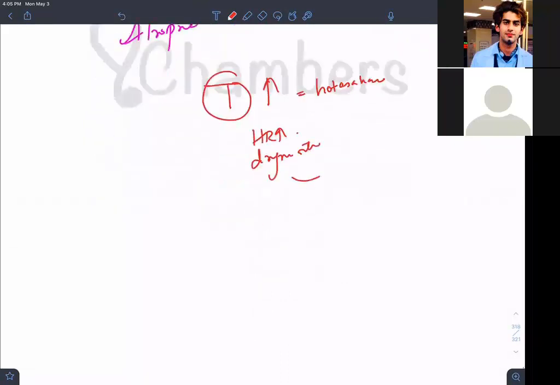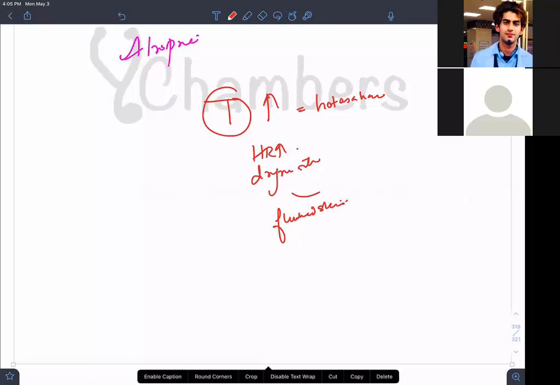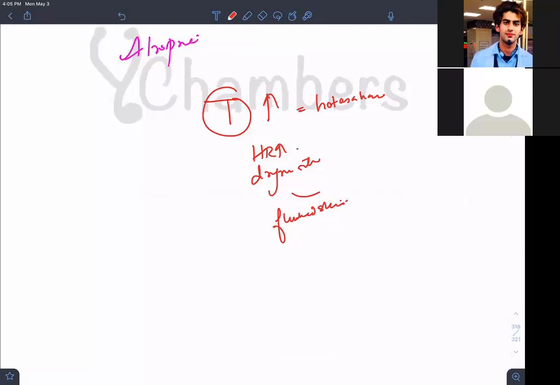Then flushed skin, red as a beet. Then what do I remember? Cycloplegia and disorientation. Then urinary retention.